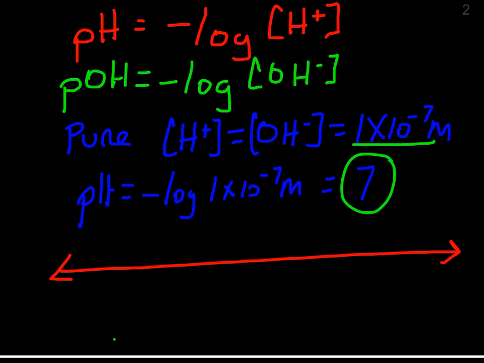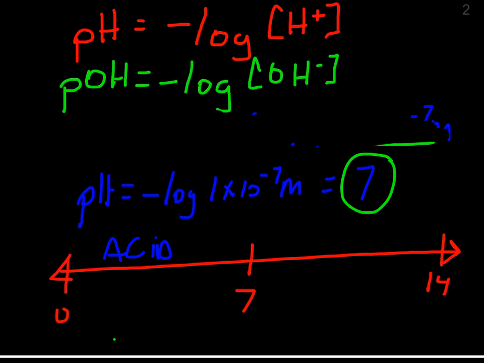It goes basically up to 14, down to 0. 7 is in the middle. If I have an acid right here, it means, according to my equilibrium, and I should get that, let me draw that. Let's get rid of pure water at this point. And this pH is 7, get rid of this.